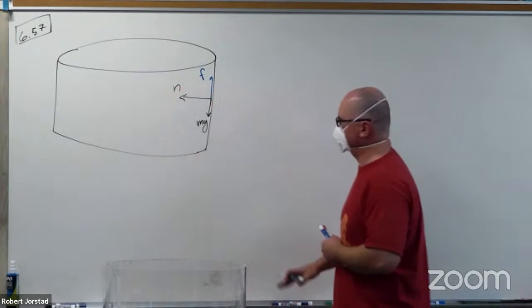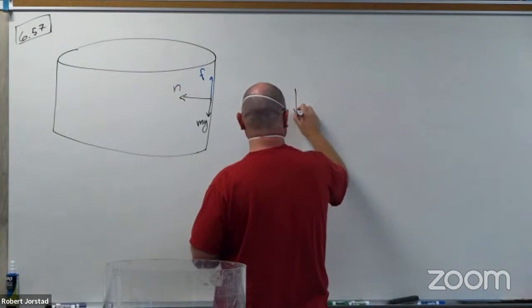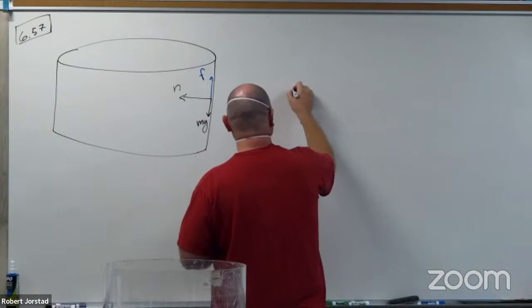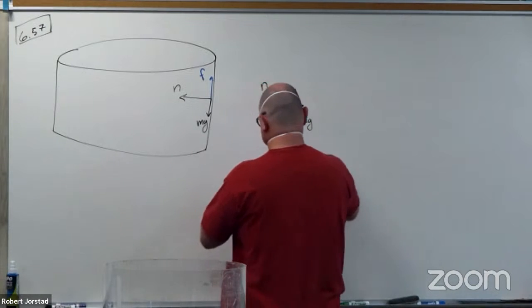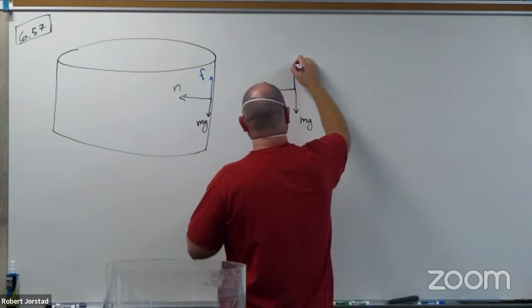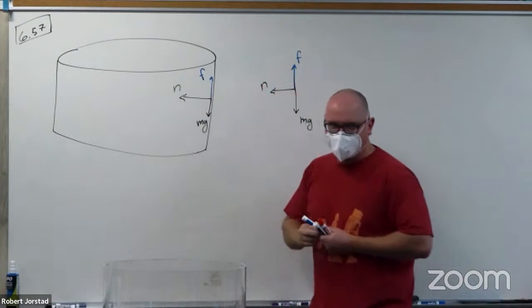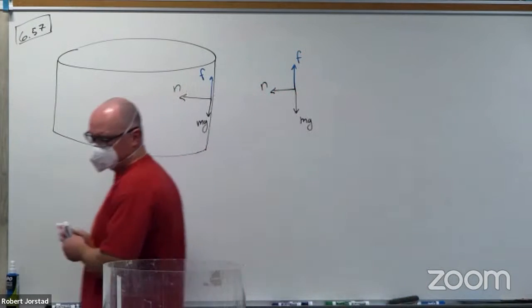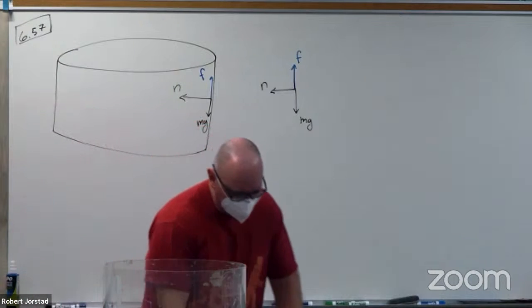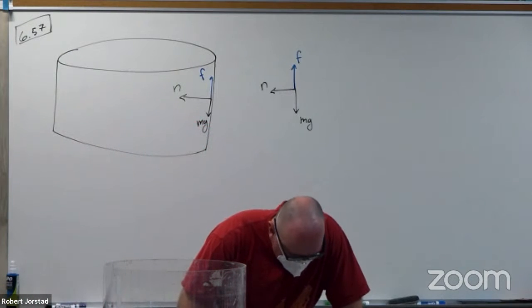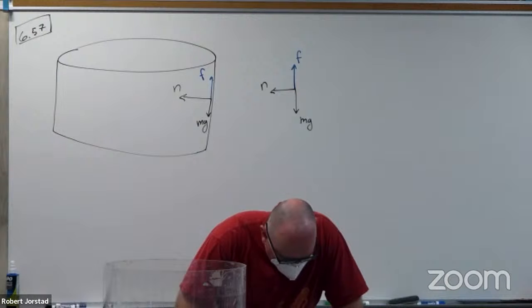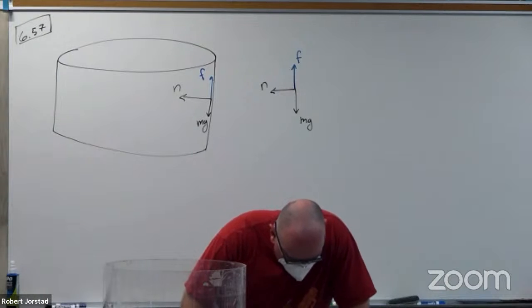Now, this is a little bit hard to see, so I'm just going to redraw over here. Give me a sec. If we gradually spin this thing up, doesn't this problem say gradually? The Barrel of Fun, Graviton ride, gradually spins faster.